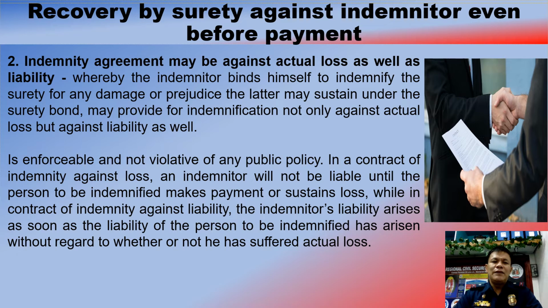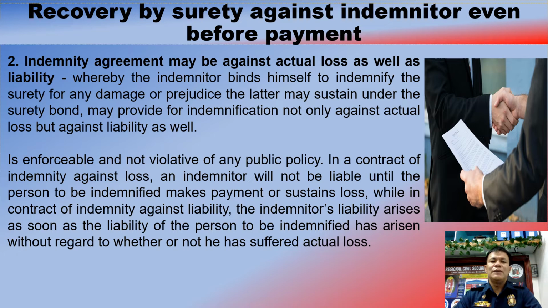Second, indemnity agreement may be against actual loss as well as liability. An indemnity agreement whereby the indemnitor binds himself to indemnify the surety for any damage or prejudice the latter may sustain under the surety bond may provide for indemnification not only against actual loss but against liability as well. Such agreement is enforceable and not violative of any public policy.